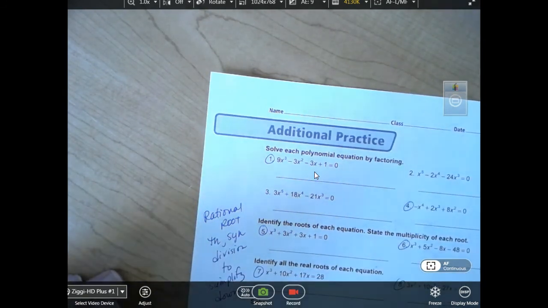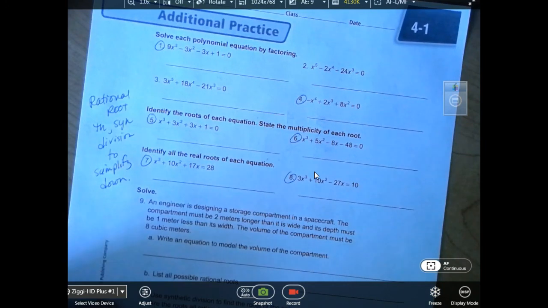Okay, and there's a good chance you'll finish most of this in class. So just making sure 1 and 4 and then 5 through 8 is when you're actually finding all the roots. And that will do it for today's lesson.